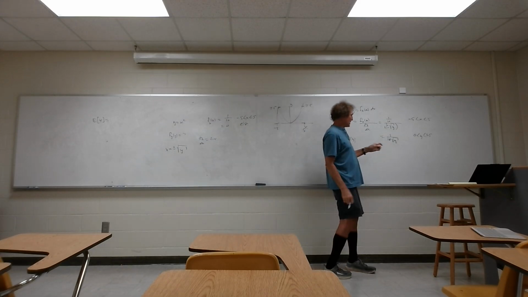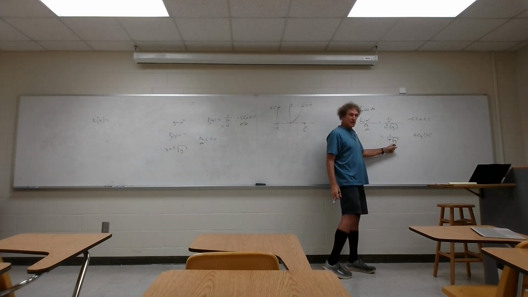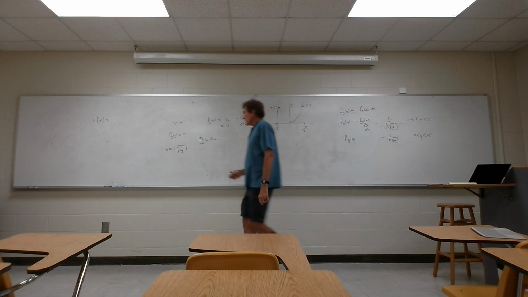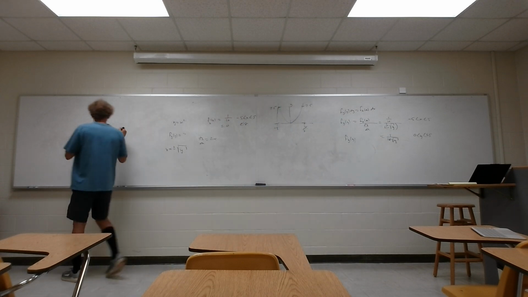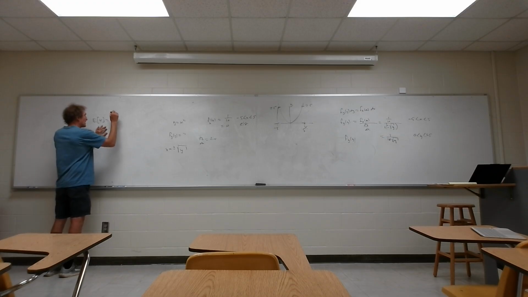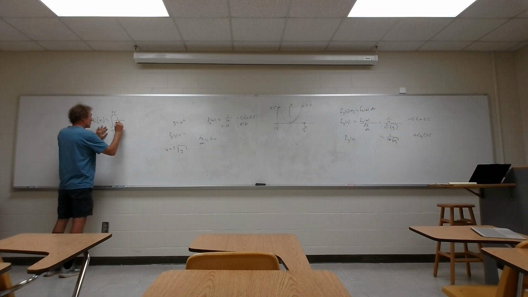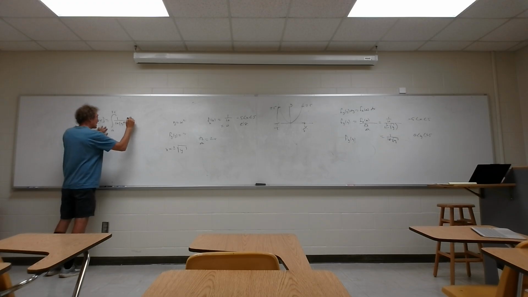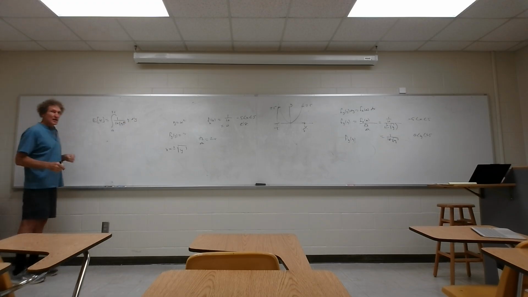We could take this and say it's an integral over the range of y, from 0 to 25, of first the density function, which is 1 over 10, y to the 1/2 power, times y dy. Do you all agree with that?